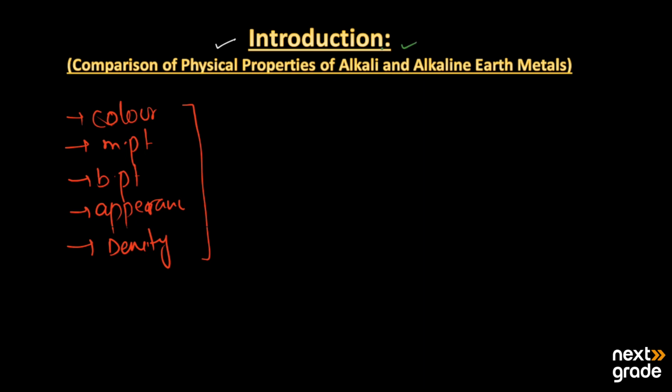And here we will discuss the alkali and alkaline earth metals. The alkali metals are group 1A elements that are found in the first group of the periodic table. On the other hand, the alkaline earth metals are the group 2A elements.